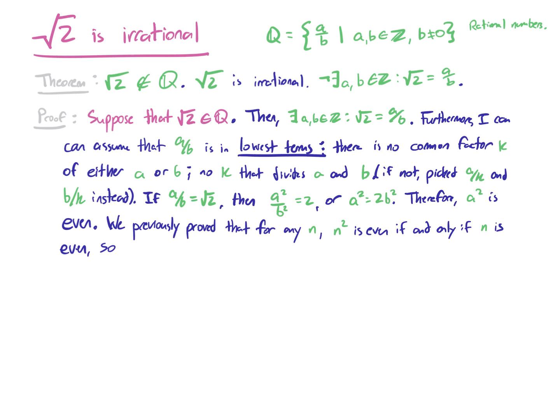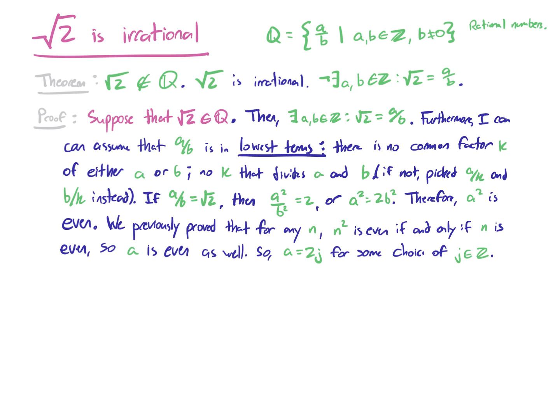So if I use that result here, I know that a squared is even, and therefore a is even as well. Use that previously known result here. I know that a is even as well. So a equals 2 times j for some choice of j in the set of integers.